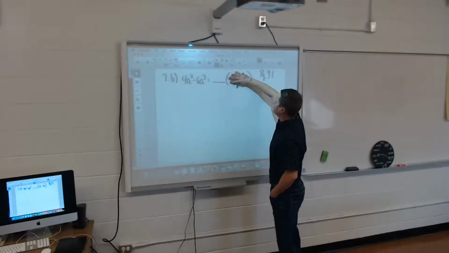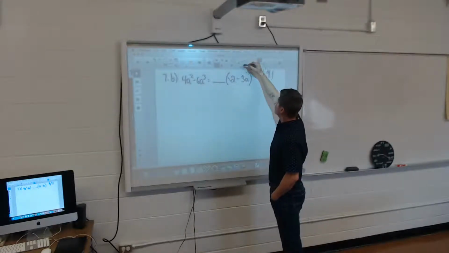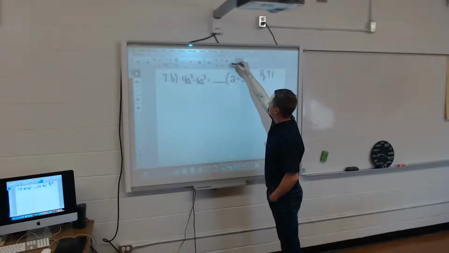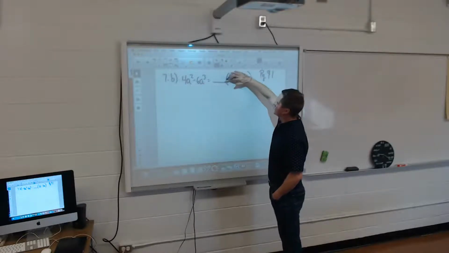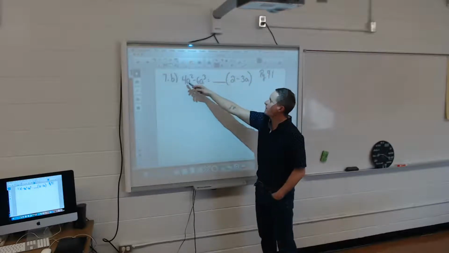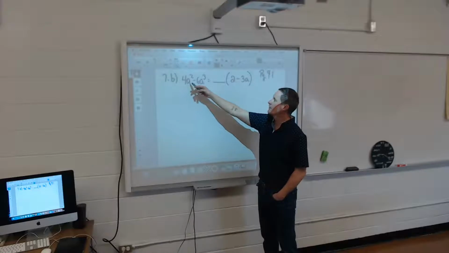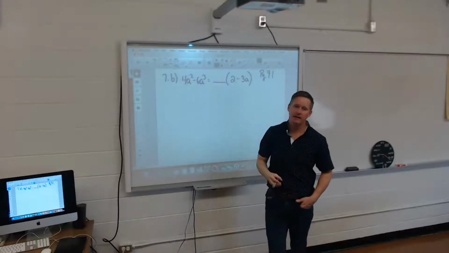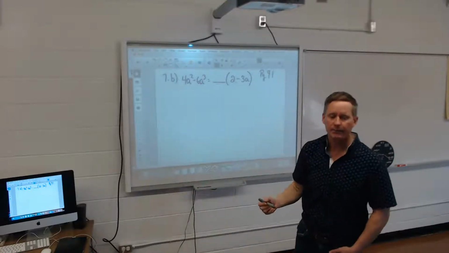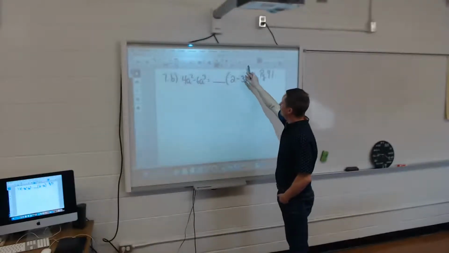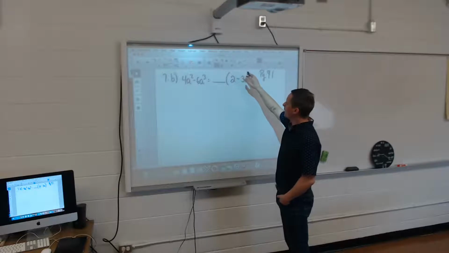Now, if I didn't have this here, let's say that this was missing. So if this is missing right here, I'm saying to myself, okay, what's the greatest common factor that goes into 4 and 6? Greatest common factor that goes into a squared and a cubed, and I would put that in the blank. However, looking at this right now, this is what they say I'm left with.